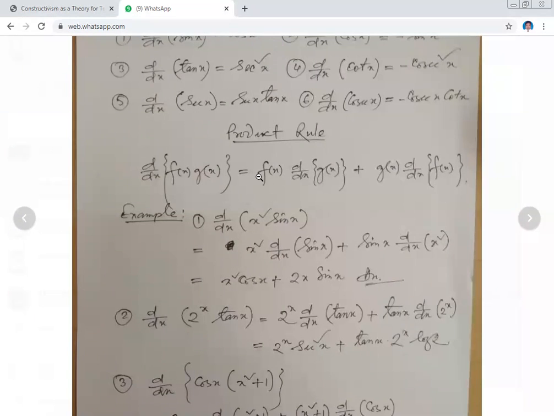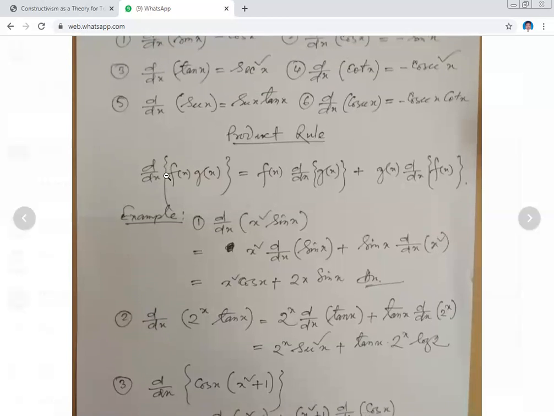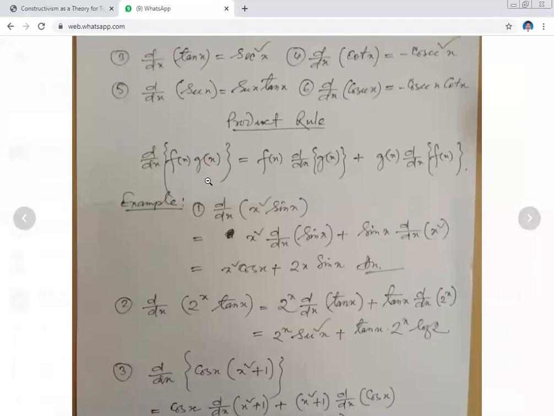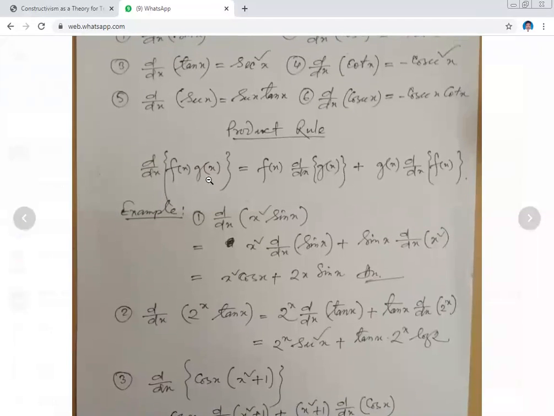As we discussed in the last property, when two or more functions are in addition or subtraction form, then to differentiate that function, we have to differentiate function-wise, term-wise. And if two functions are there in product form, then another rule is to be followed, and that rule is this one: d/dx of f(x) into g(x). When it is a product of two functions, we have to follow this rule.